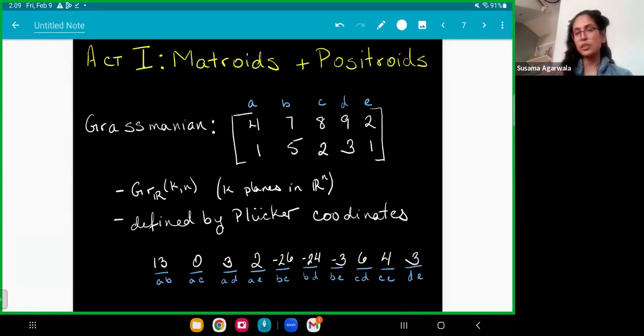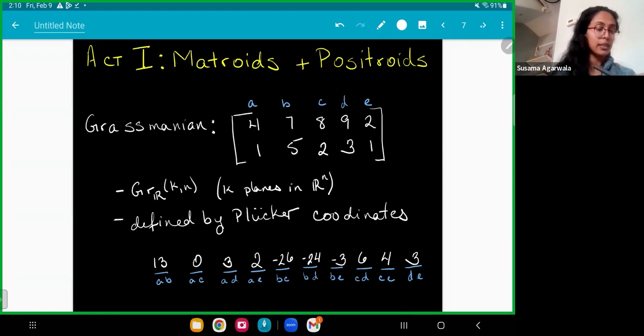So Plücker coordinates are just all possible K by K minors written down in some way. Now, there's a trick. This set of coordinates corresponds to this matrix.